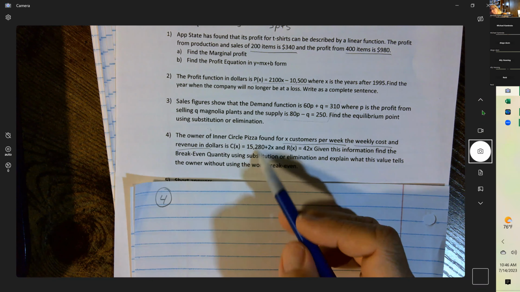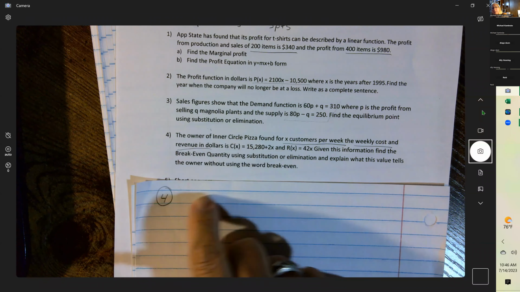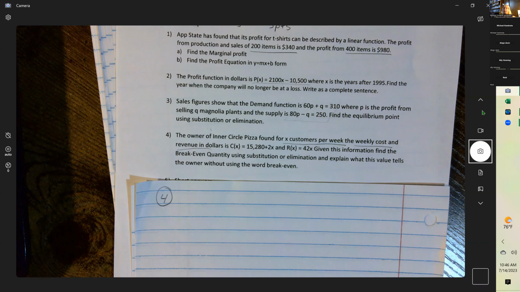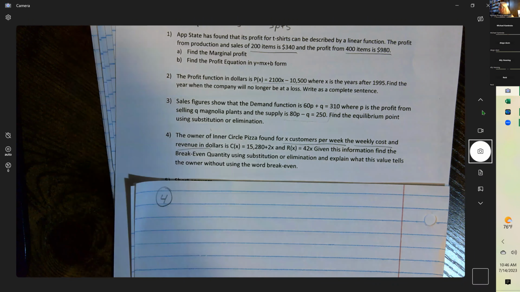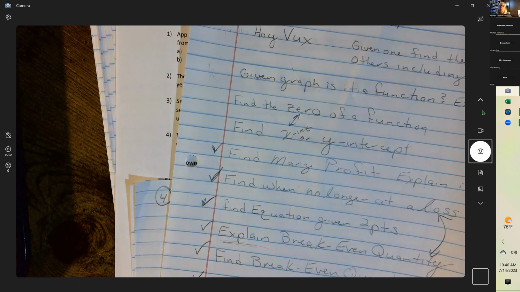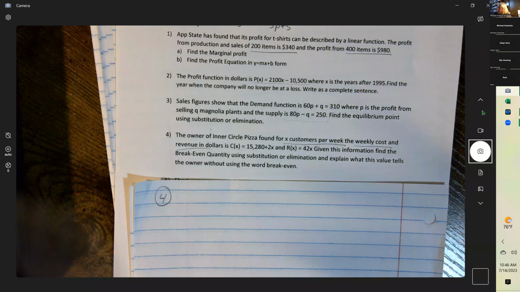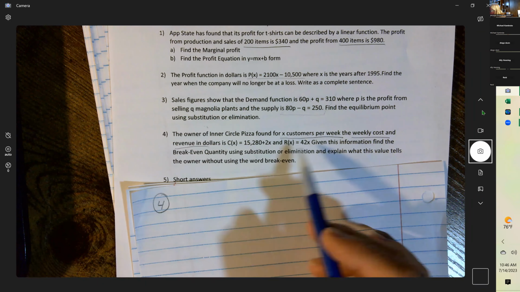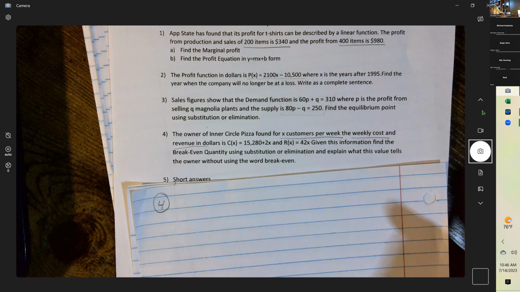I think I split this into 2. One, I just tell you the break even quantity is this, explain what that tells the person. So I broke this into 2. That's what these 2 are. Substitution or elimination.